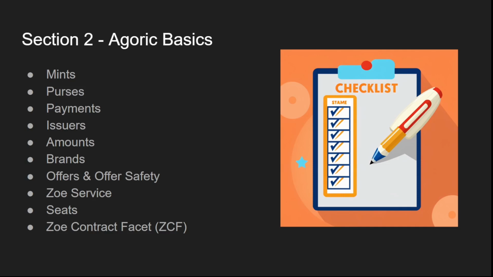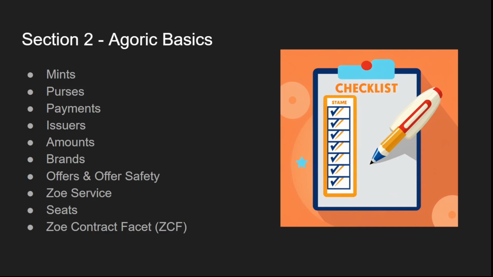We'll discuss offers, proposals for transactions, and the concept of offer safety, which ensures that participants get what they expect from a transaction. We'll look at the Zoe Service, which is crucial for deploying and managing smart contracts on the Agoric platform.